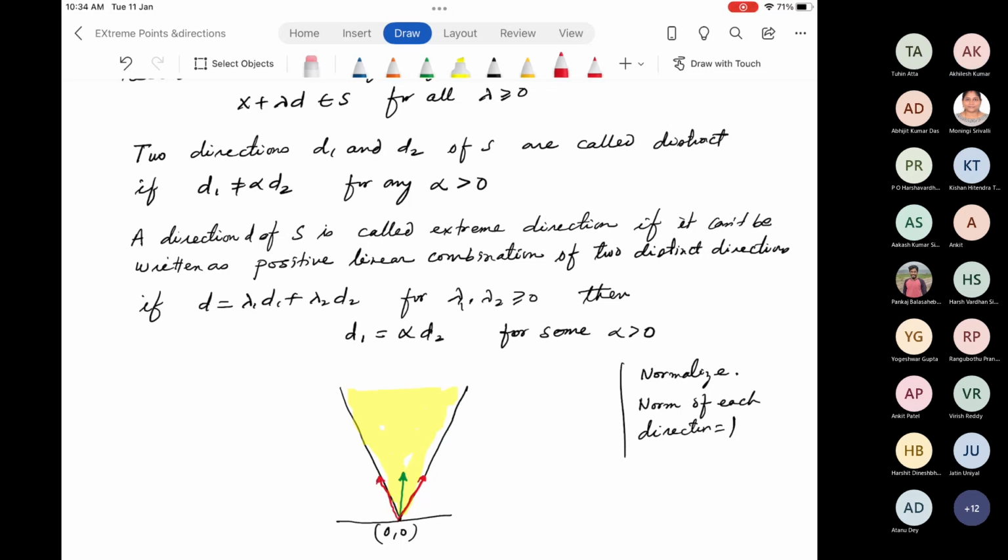Call this one D1 and this one D2. All the directions which I am showing are directions of the convex set. You agree? If you do x plus lambda d, you will still be in the set. That means you are not leaving the set.